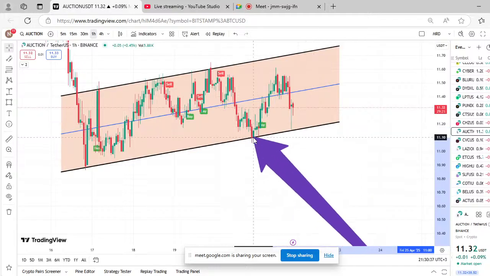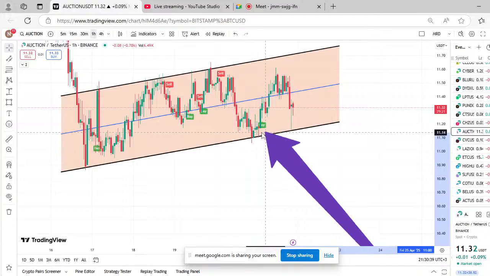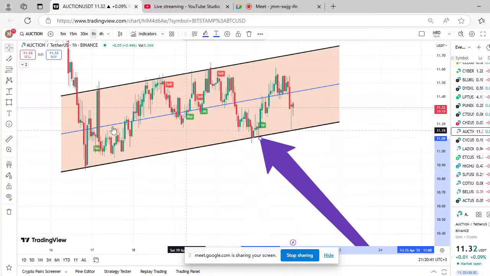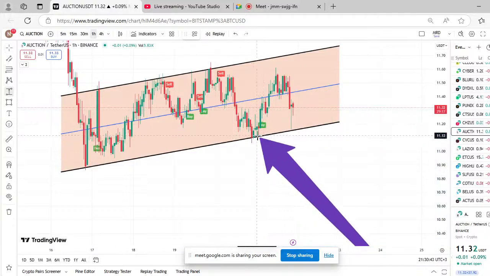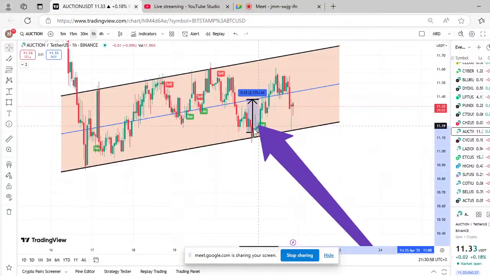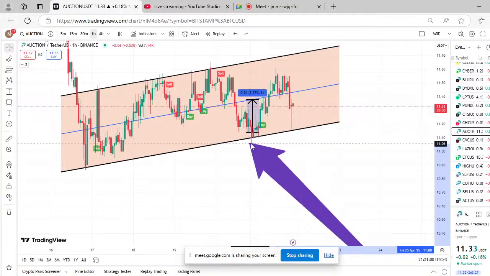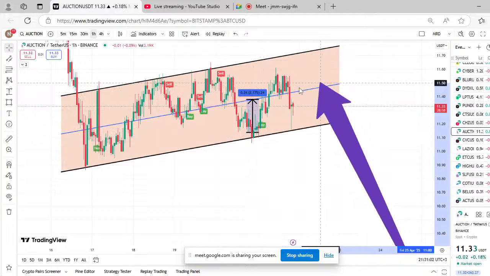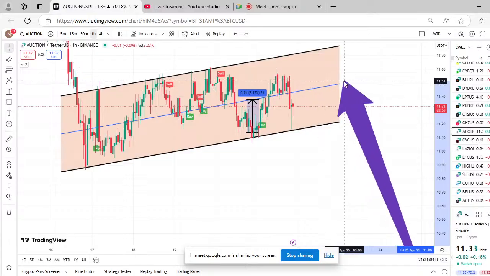Now, we are looking at this point. If we had entered here, we are entering at this point, then the take profit should be the middle line. Stop from here. Don't exceed from there. Are we together? When you enter at the support line, make sure you don't exceed the middle line, which is the blue one.